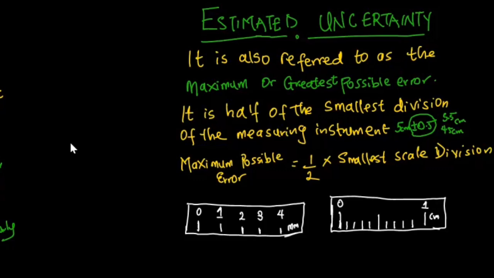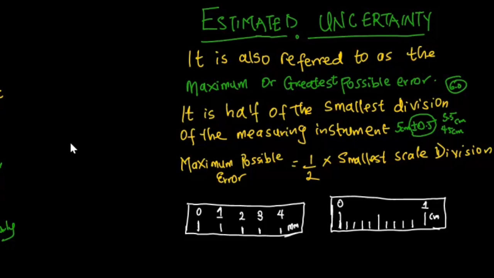So if you start getting 6.0, it means that student is totally wrong. So they don't expect to get above 5.5, and they don't expect to get below 4.5. So this is a range of values. Anything beyond 0.5 is wrong. So that will bring about an estimated uncertainty or a possible error.